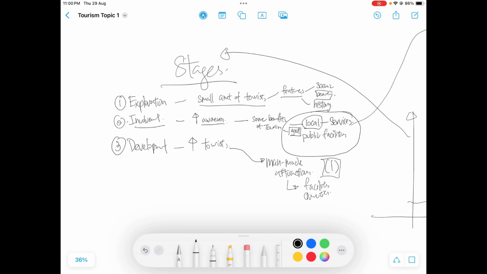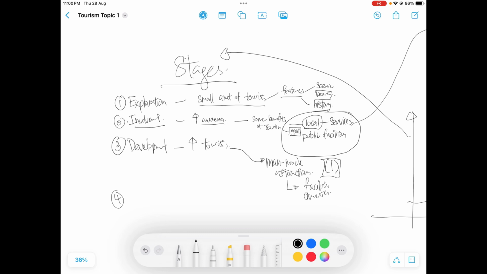Like for Singapore, what was our man-made attraction that attracted people to come in the very early days? It was things like Haw Par Villa, a man-made place that showcased the different levels of hell, for example, right? Those are man-made. And that is the development stage.